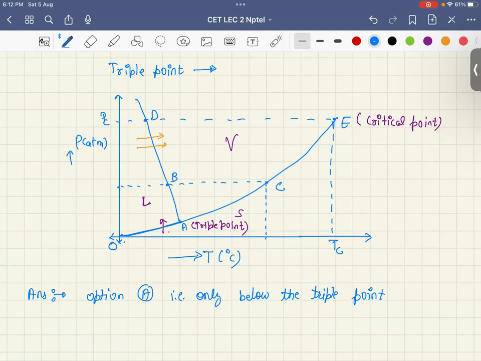Sublimation will occur only in this region, so the pressure and temperature have to be below the triple point. The sublimation can be carried out below the triple point only. Above it, the ice will first liquefy and then evaporate.